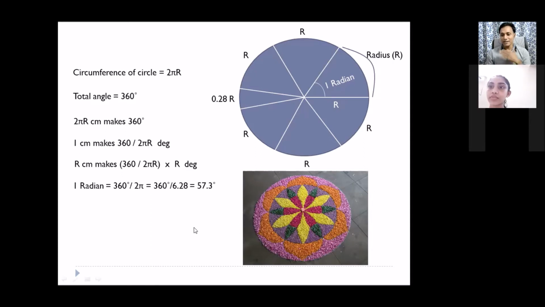So how many radians is 180 degree? Pi. 2 pi is 360, so 180 is pi, no? Right? 90?